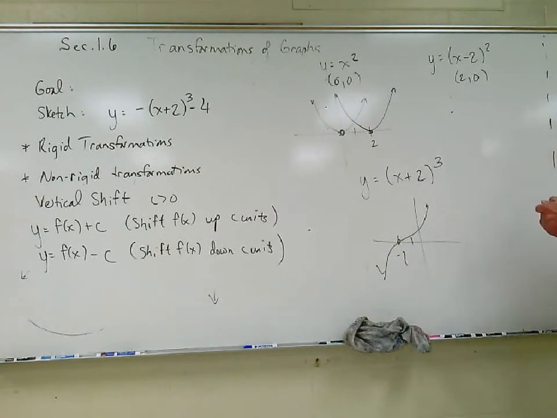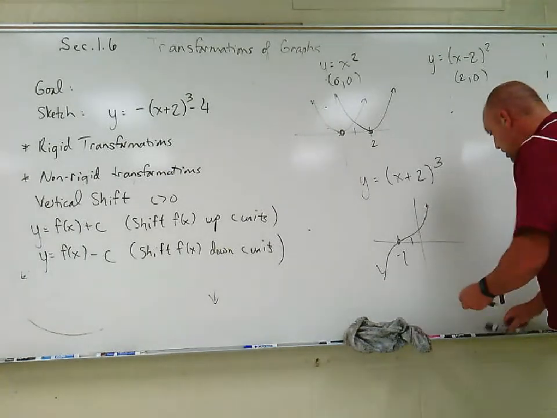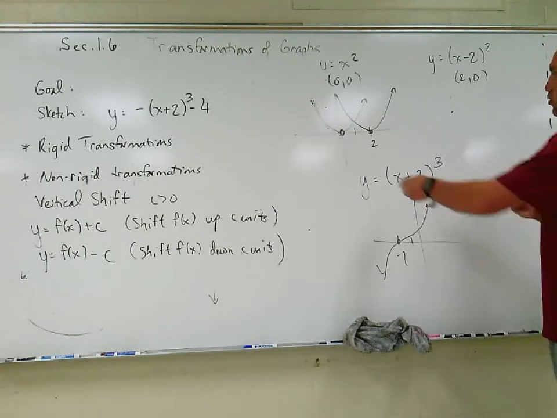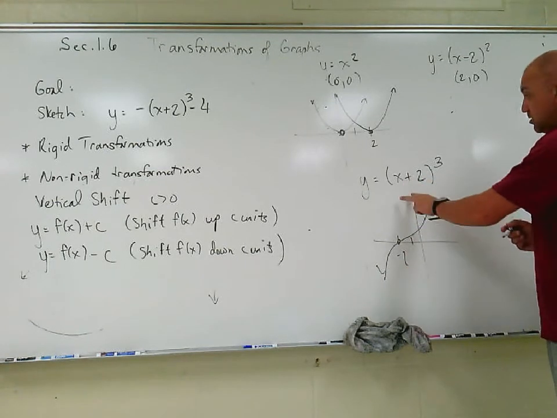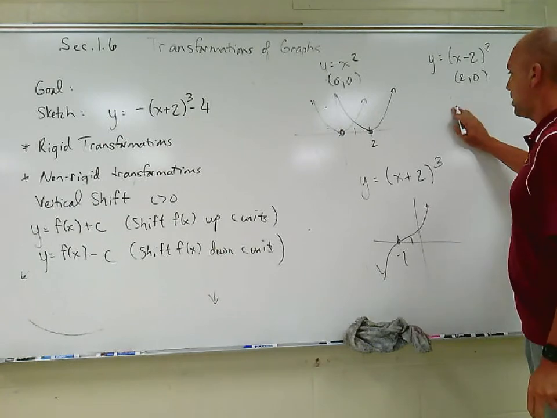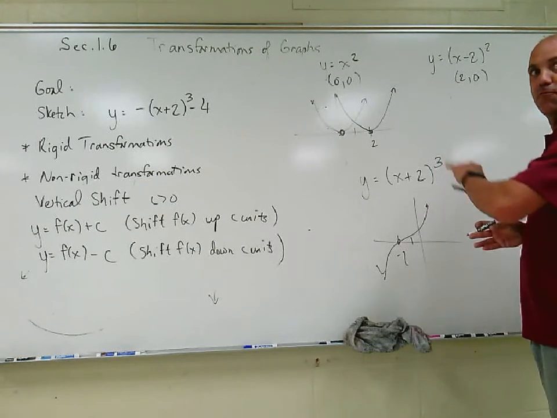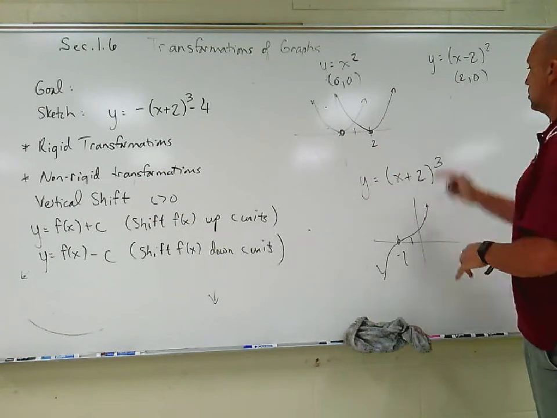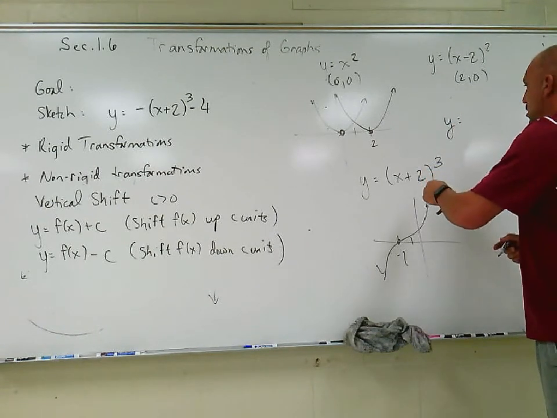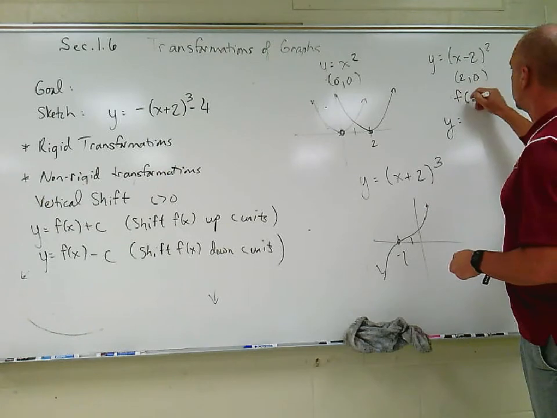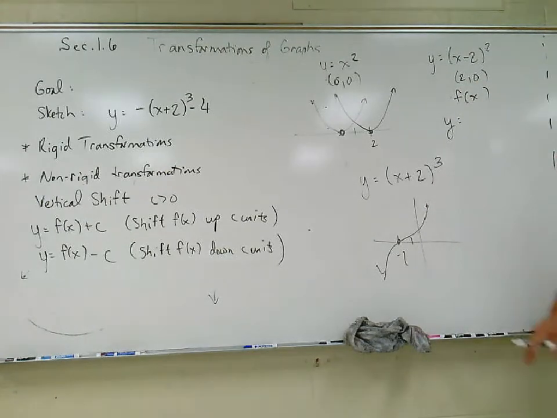How can we generalize this? How can I say for any graph, instead of just, because this is specific, left 2 for the x cubed. What would the notation need to be so that for any graph it goes left 2? Notice I used f of x for all of my basic graphs.